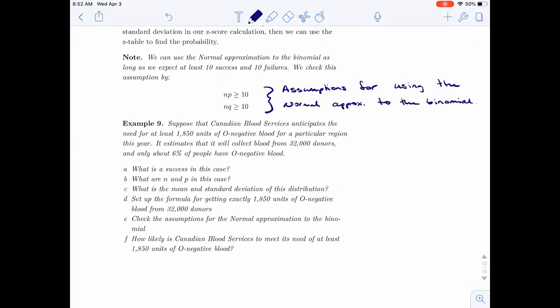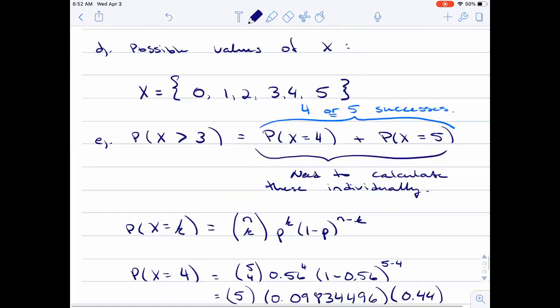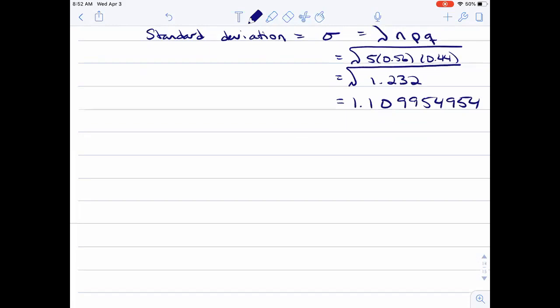So example 9. Suppose that Canadian Blood Services anticipates the need for at least 1,850 units of O negative blood for a particular region this year. It estimates that it will collect blood from 32,000 donors, and only about 6% of people have O negative blood. Part A, what is a success in this case?